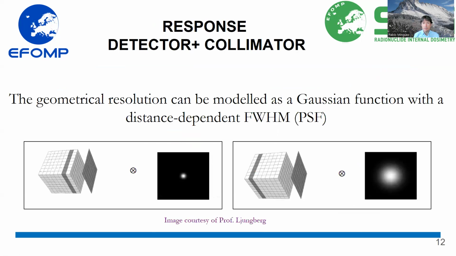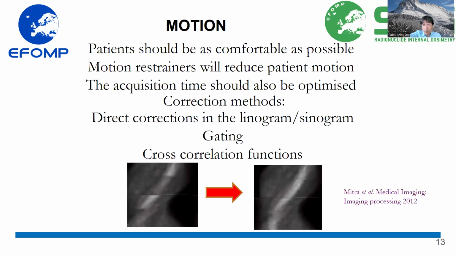With regard to the geometric response of the detector plus collimator, we can model the geometrical resolution as a Gaussian function with a distance-dependent full width at half maximum. We can also correct for some motion that can appear if the patient moves, also for breathing.